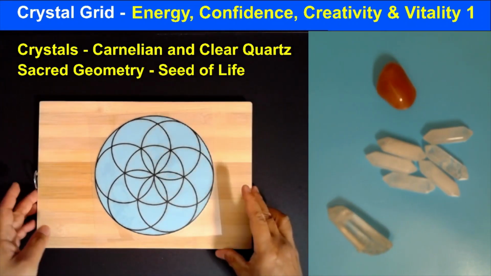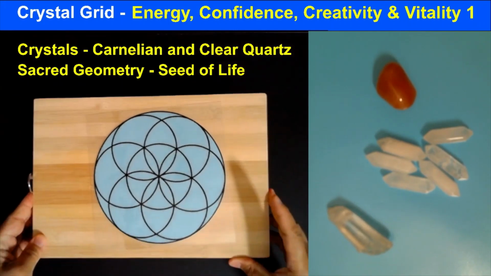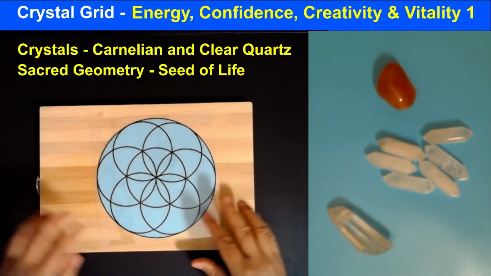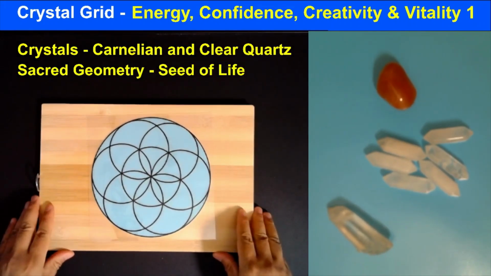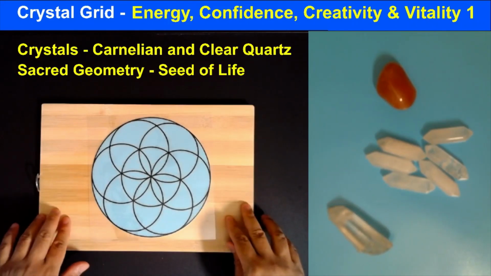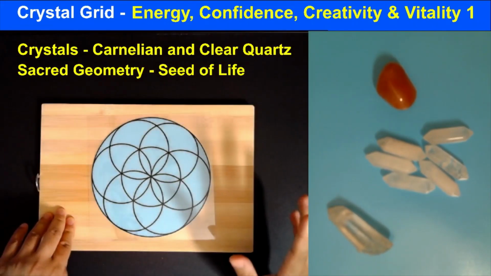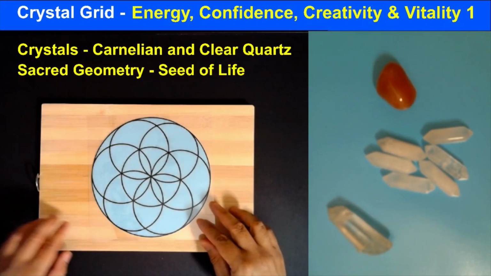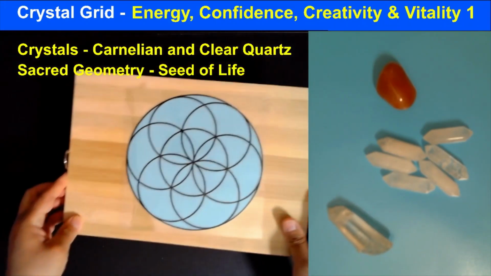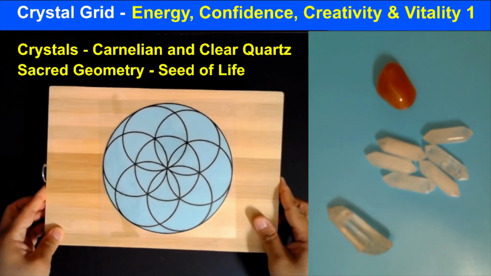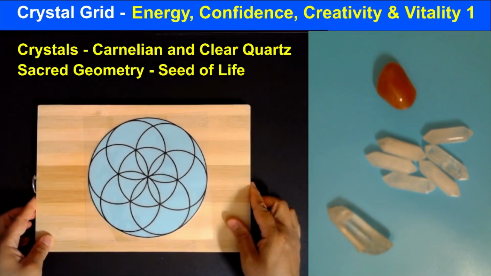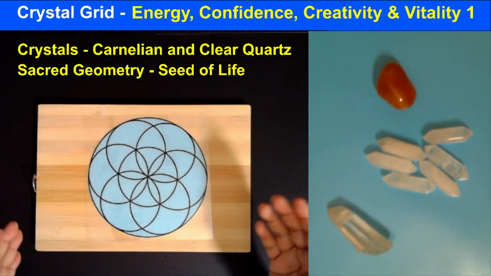Now, the reason why I have a wooden board here is for practical purposes. The beautiful thing about it is the wood is made of natural material, but at the same time it's portable. You can easily move the crystal grid, especially when it's been in one place for more than a month.